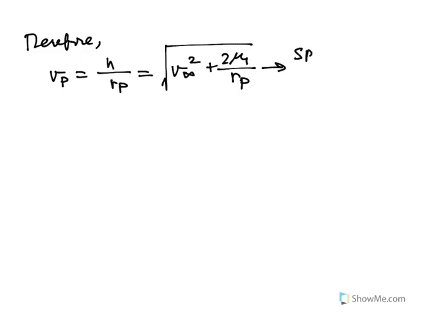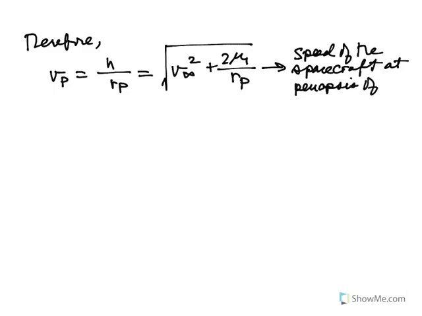So this is the speed of the spacecraft at periapsis of the outbound hyperbola. And this velocity, which corresponds to the speed, is tangent to the orbit.